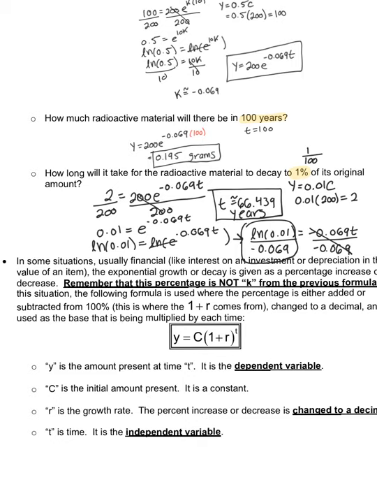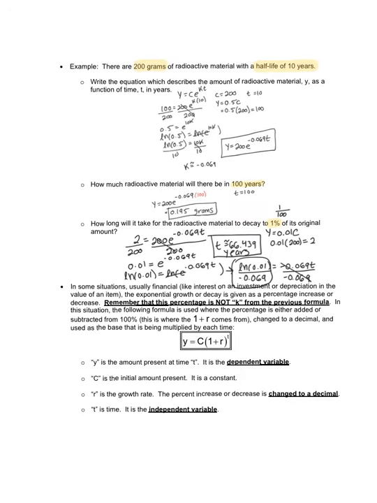The part that's underneath of this is just exploring a different way of looking at exponential growth or exponential decay. This would be used in more of a financial situation. So if you're talking about interest on an investment or depreciation of the value of an item.